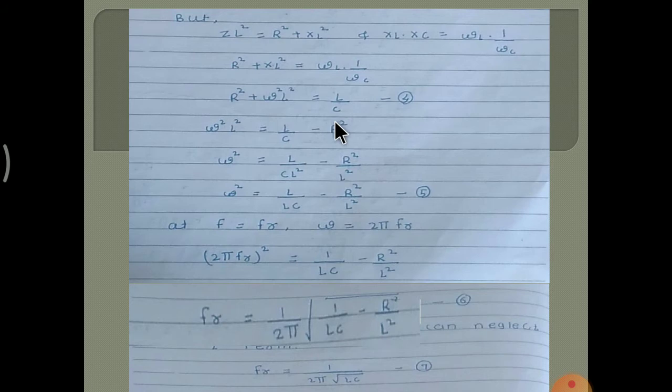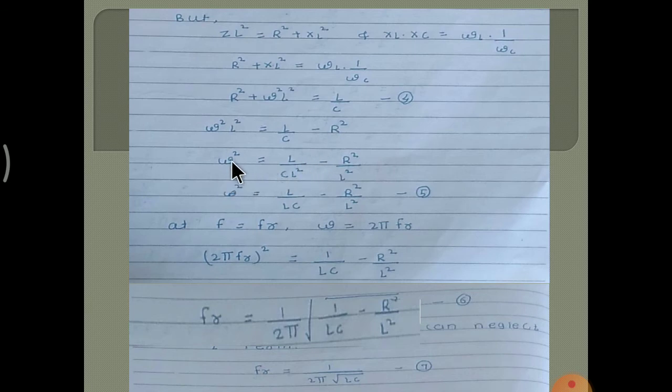is equal to, this omega gets cancelled, only L and C remain, so L upon C here. Then omega square L square keep as it is, and this R square is taken to the right side, then we get omega square L square is equal to L upon C minus R square.